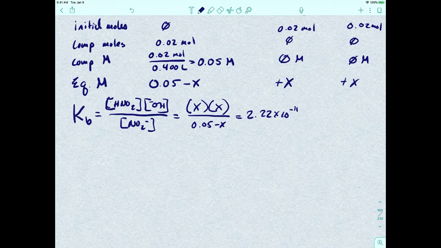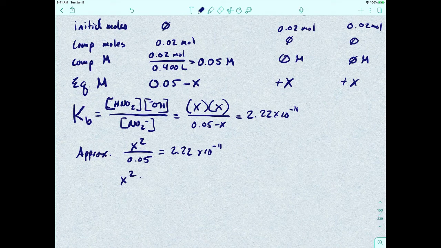All right, so if I apply the approximation, again, X is going to be so small that it's not going to change the concentration of NO2 minus. We're going to get X squared divided by 0.05 is equal to 2.22 times 10 to the minus 11th.